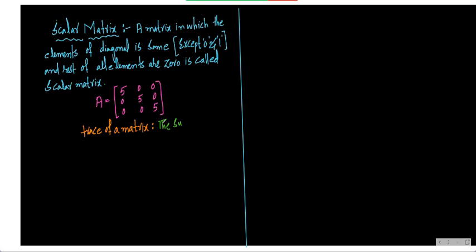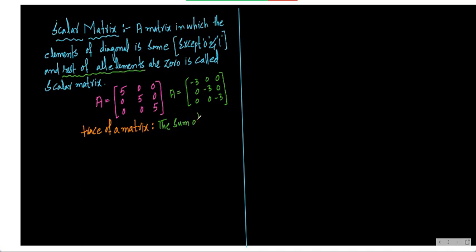So 5 0 0, 0 5 0, 0 0 5. Not compulsory to take 5. You can take anything. You can take like this also: -3 0 0, 0 -3 0, 0 0 -3. जो भी एलिमेंट्स डायगोनल में आ रहे हैं वो सेम होना बस. 0 is compulsory. Rest of the elements are 0. I wrote here now, you see. Rest of all elements are 0.